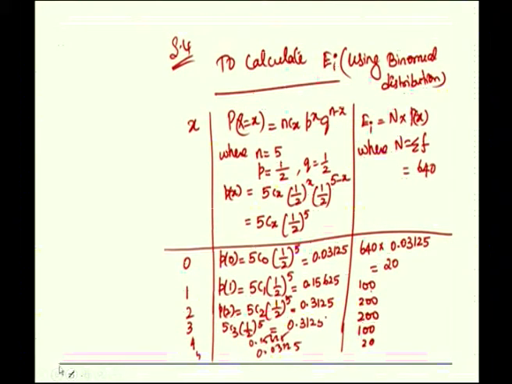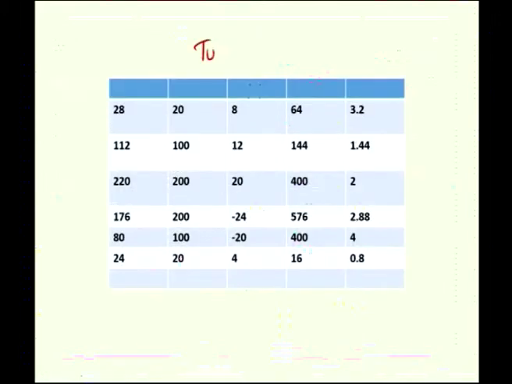So, now we just go ahead to find the chi-square value. To find chi-square, this is OI and this is the EI which we have calculated using binomial distribution, and then the usual procedure: OI minus EI, 28 minus 20, 112 minus 100, like that.